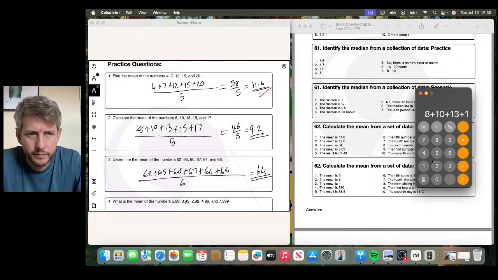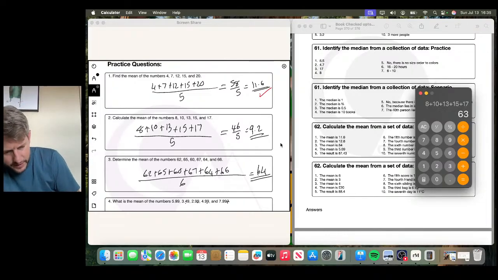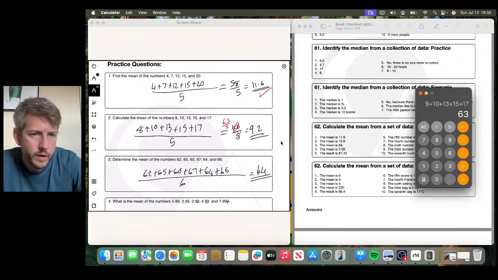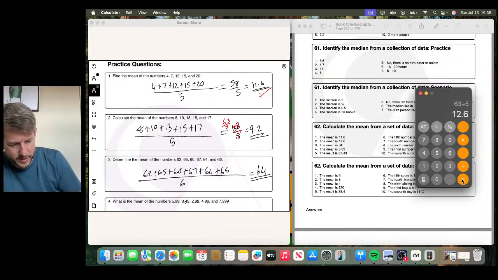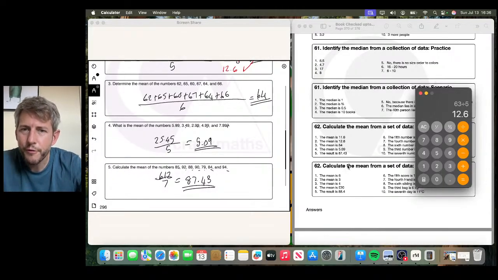Add 15. Oh, I'm wrong. Well, that's convenient. If I divide this by 5, 12.6, great. And that agrees with the mark scheme. Wonderful. Question 3. What is the mean of the numbers?